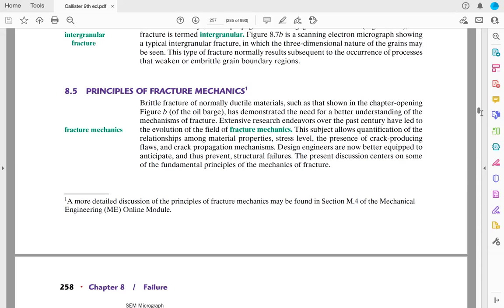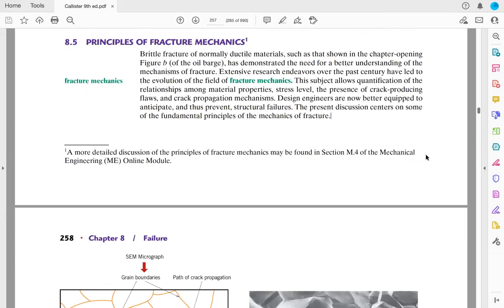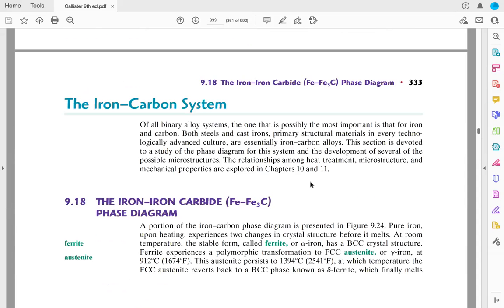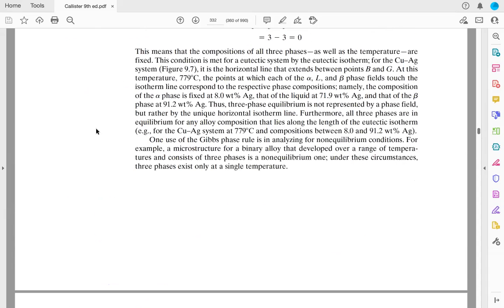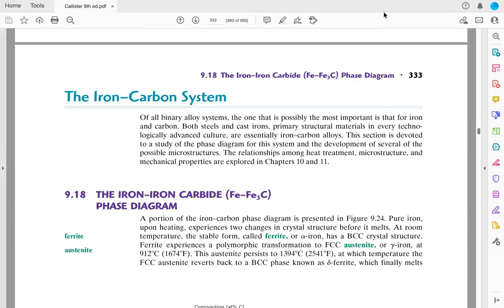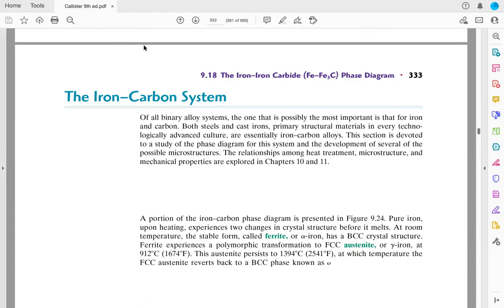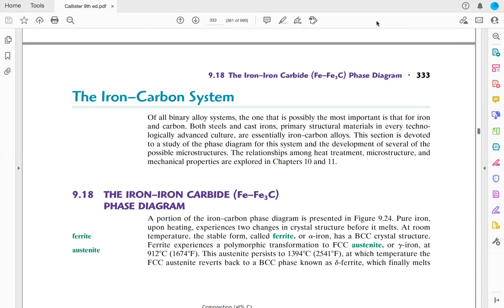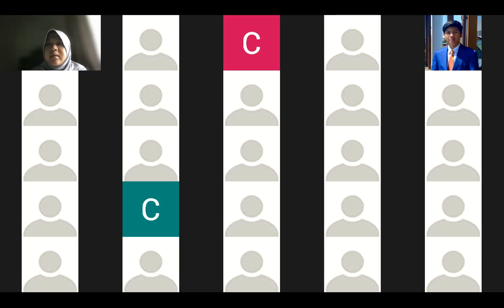Okay, still waiting, it's still missing. Wait, why does this go here? I think I need to close the PDF first, and then reopen it, because it looks like the PDF doesn't respond.